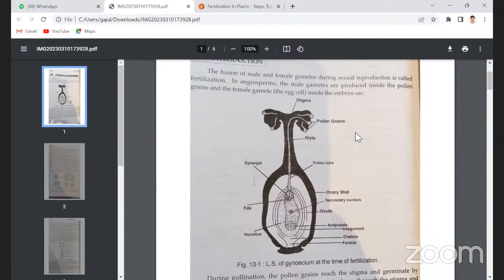This exudate is highly viscous and adhesive with a high refractive index and appears as droplets on the surface of the stigma. Chemically, it consists of lipids, sugars, amino acids, and phenolic compounds.